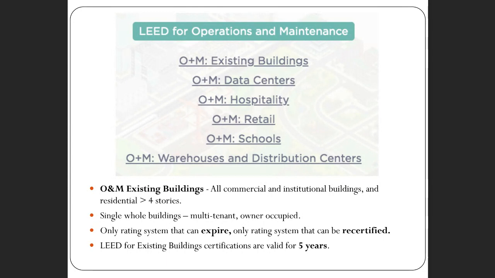So if you have a LEED EB certified building, your certification is good for 5 years. So you have to go back and recertify it if you want to maintain that credential on your building.